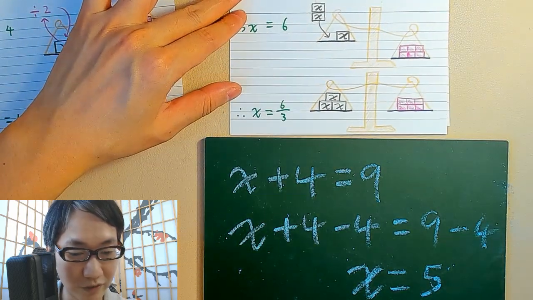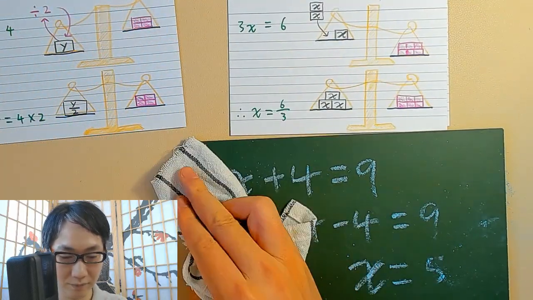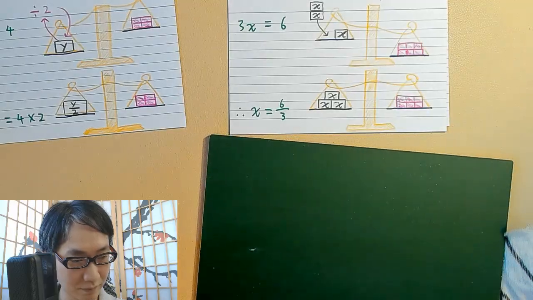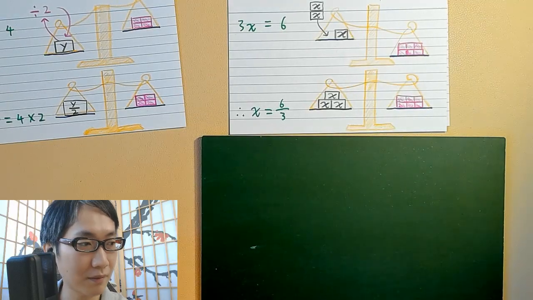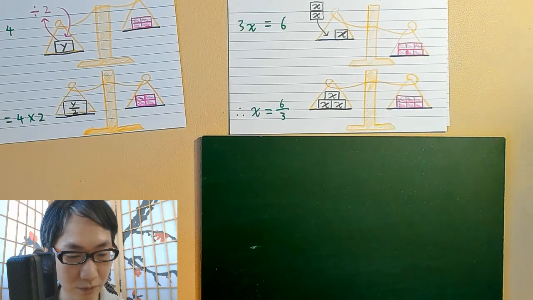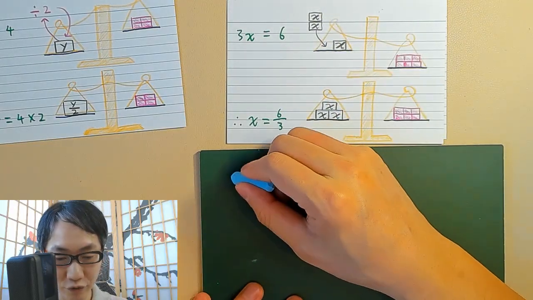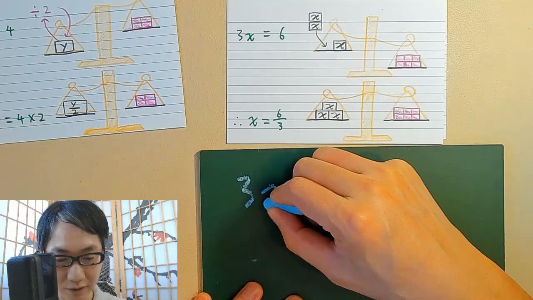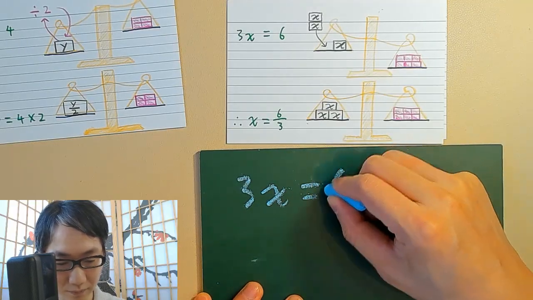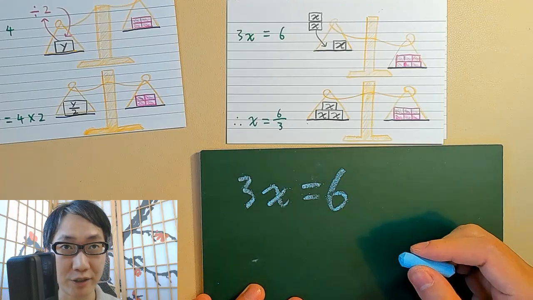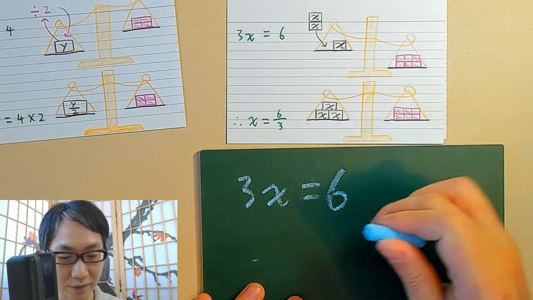Then for this one, we have some modification. 3x is equal to 6. Then this one we can divide both sides by 3. So it's like starting from here.